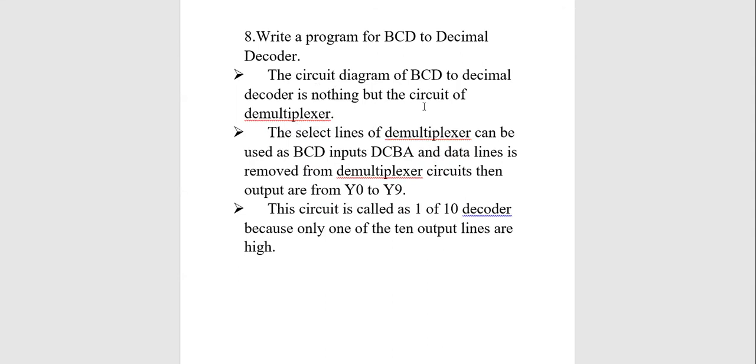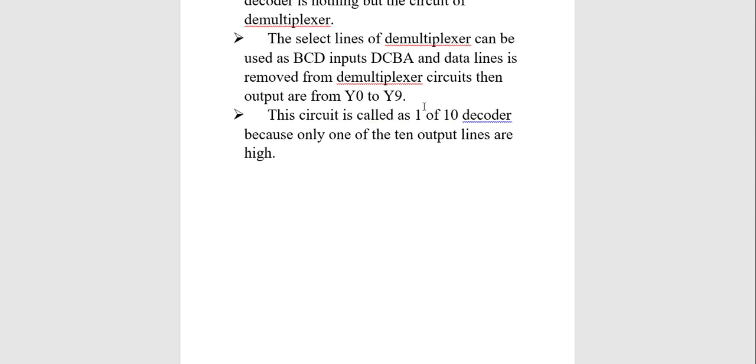In this, the select lines of the demultiplexer act as the inputs of the BCD to decimal decoder, and the data line of the demultiplexer is removed, and the outputs are shown from Y0 to Y9. This circuit is also called a 1 of 10 decoder because only one of the 10 output lines is kept high. Okay, so this you all have to write.